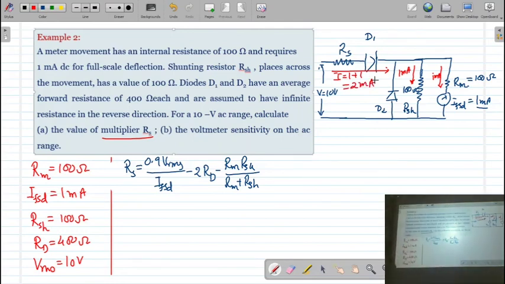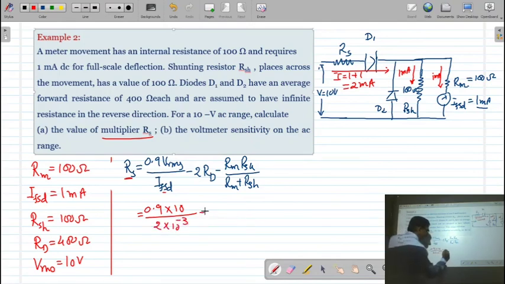So in this formula, when you are calculating Rs, instead of IFSD you have to write the total current. And then you have to calculate. So this is equal to 0.9 into 10, divided by, instead of 1 milliampere, 2 into 10 raised to minus 3, minus 2 times RD. What is the value of RD?